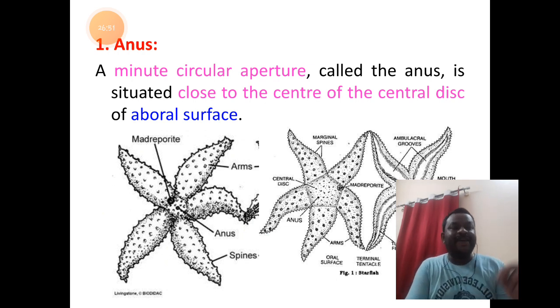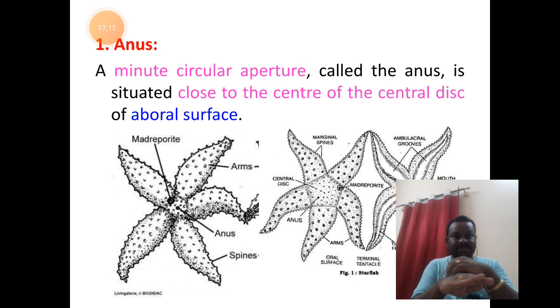So the aboral surface of Asterias is demarcated by another opening of the body which we call the anus. Anus is a minute round aperture which is seen on the aboral surface at the center of the central disc.